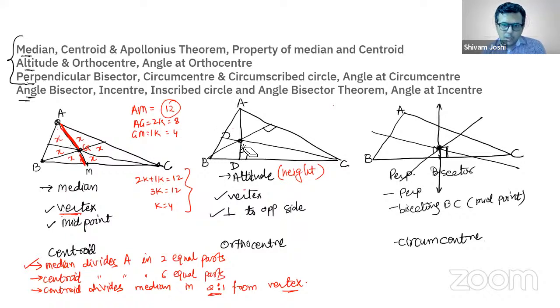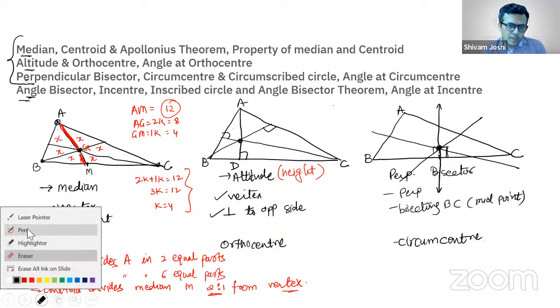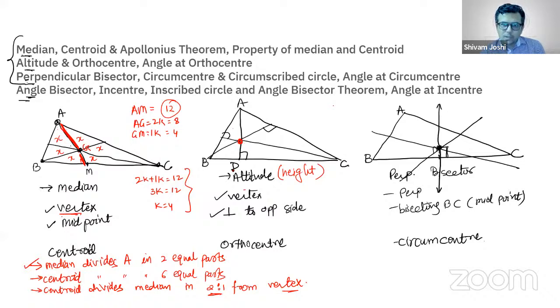Coming to altitude, we have already discussed that the point of intersection of altitudes is known as the orthocenter, right? Now, please write down the angle at the orthocenter. I'm going to write the orthocenter property over here. Angle at the orthocenter is equal to 180 minus the opposite angle.